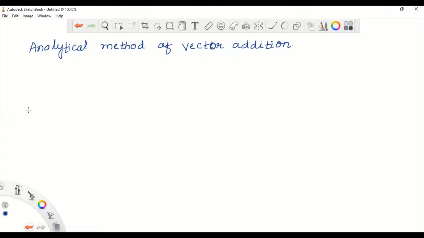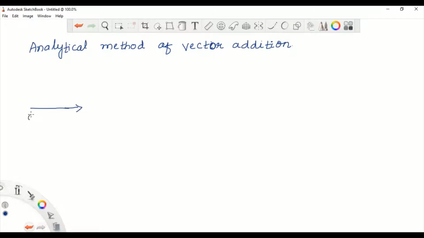Let us consider two vectors, A vector and B vector, both in magnitude and direction represented by the sides OP vector and PQ vector of the triangle OPQ.